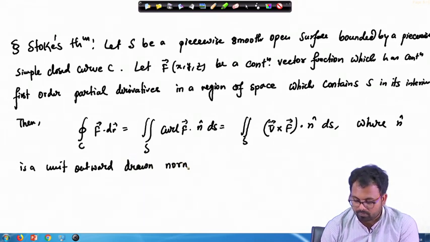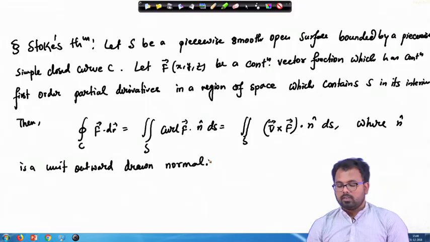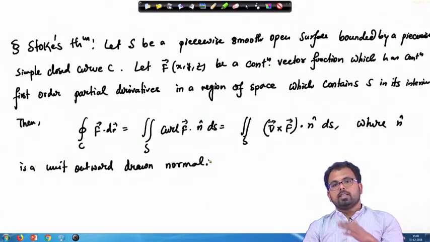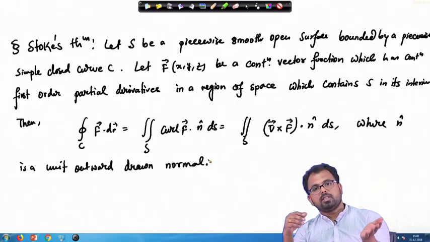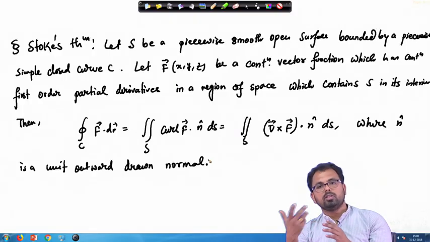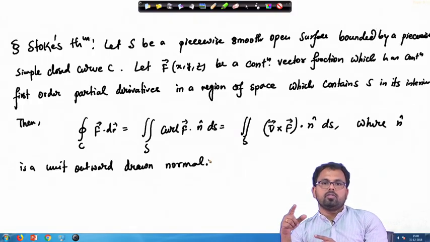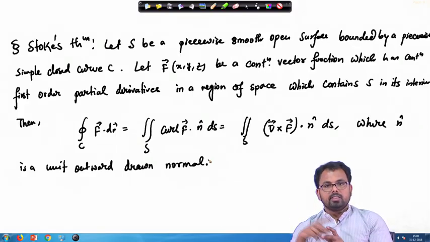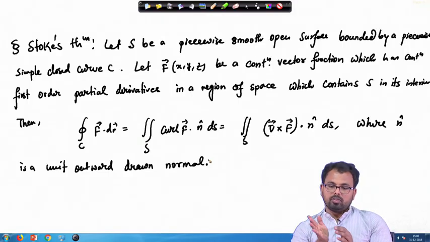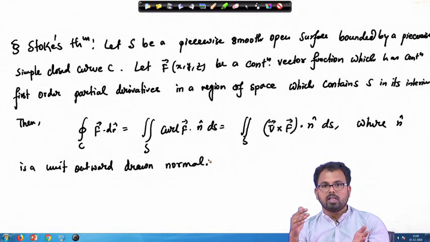All right. So, this is the required statement, and of course, if you are walking along the curve C, then your surface S must lie on the left hand side. So, that is how we choose the curve C, so that the orientation is always in the anti-clockwise direction. That is the property of this curve C, and n is the outward drawn normal. If you are walking in the anti-clockwise direction, then your surface will always lie on the left.